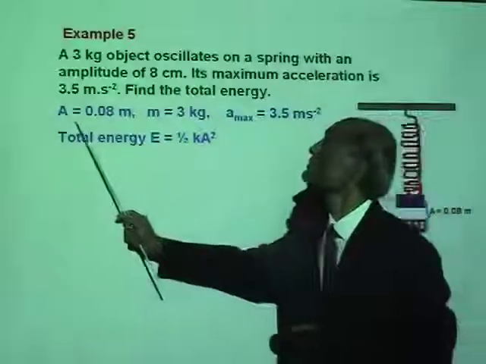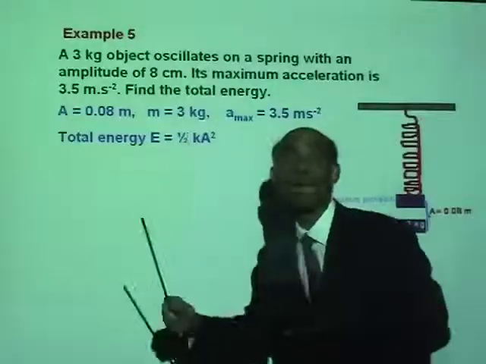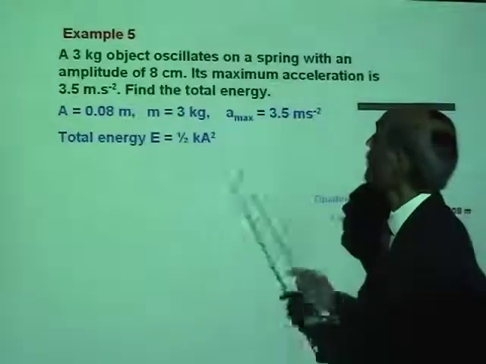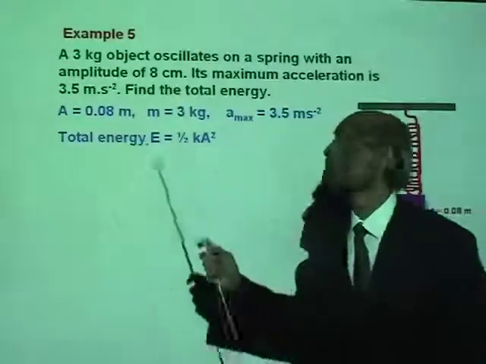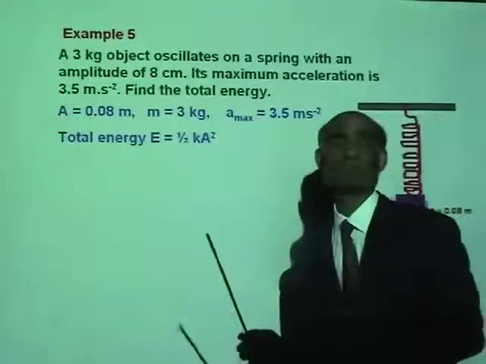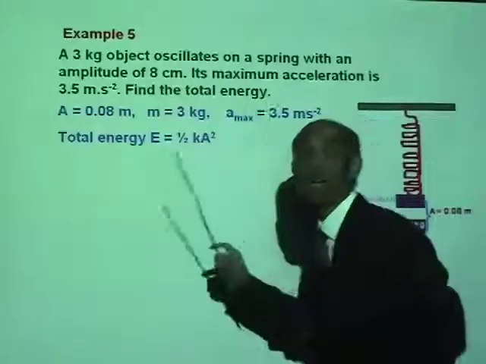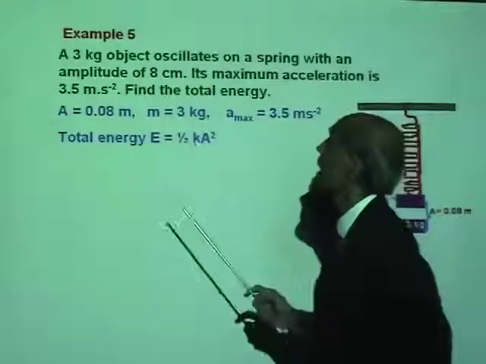We know the value of A. We need to find the value of K so that we can find the total energy. Now, what is in here that will help us obtain the value of K? Anybody tell me? What will lead us to find the value of K?